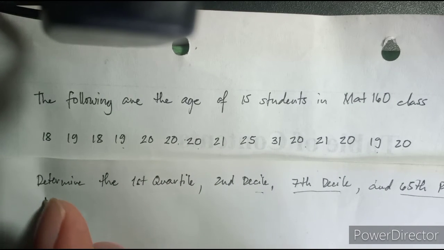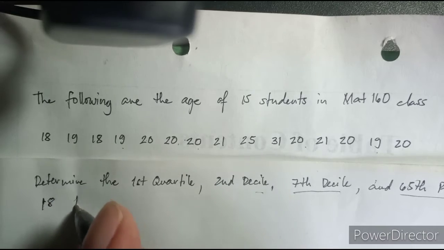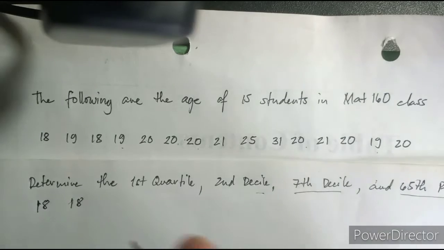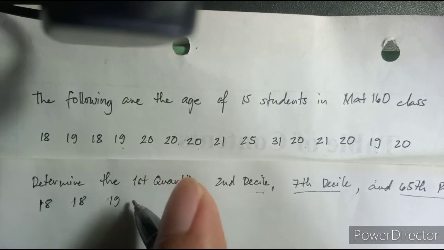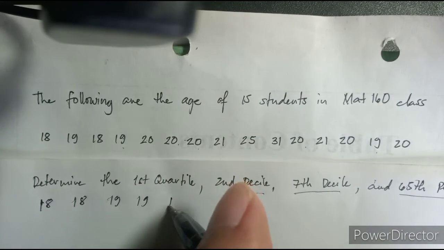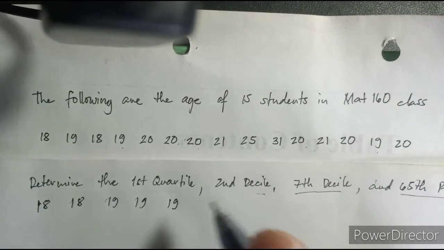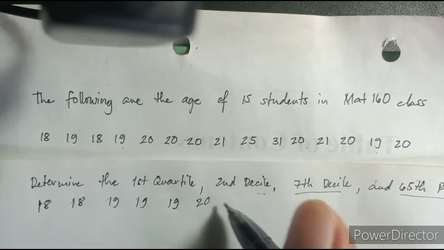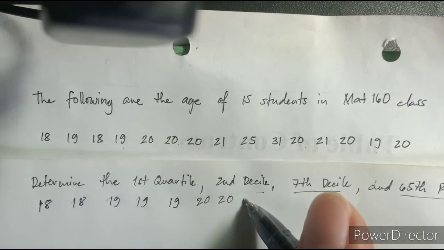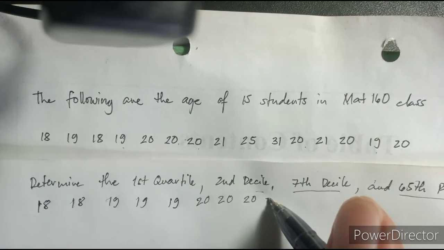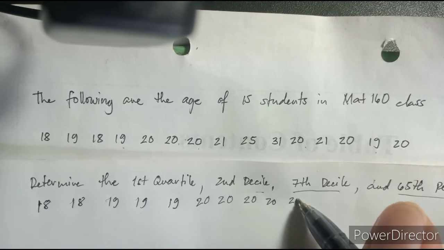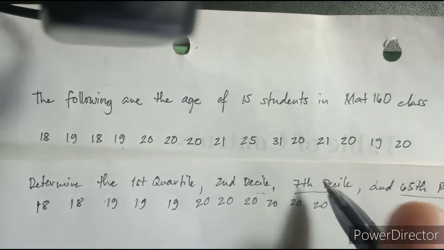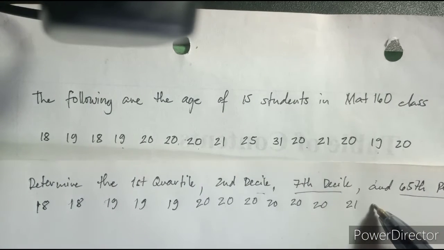So we have 18. Next we have 19. We have 3 19s. Then we have 6 20s. Then we have 2 21s.